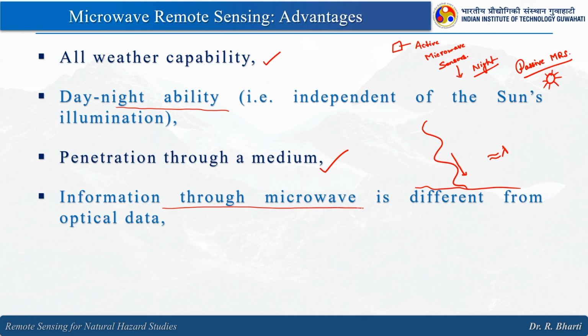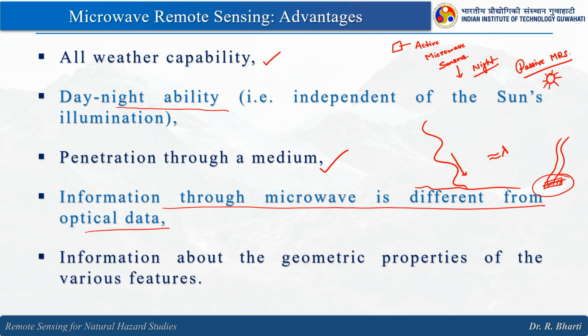Information through microwave is different from optical data, because here we are talking about the longer wavelength region, and in the longer wavelength region what happens? The backscattering is measured, right. The backscattering is not a superficial property, it also has subsurface information, right. So, this is not related to the composition. This is more because of the surface roughness, what is the geometry of the target.